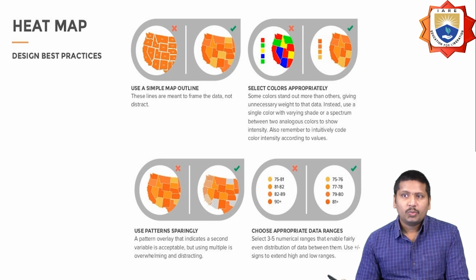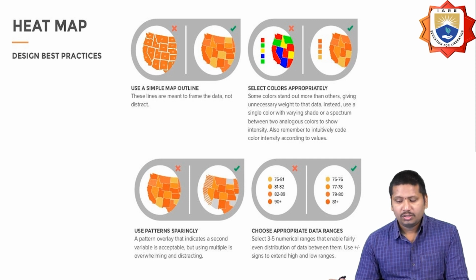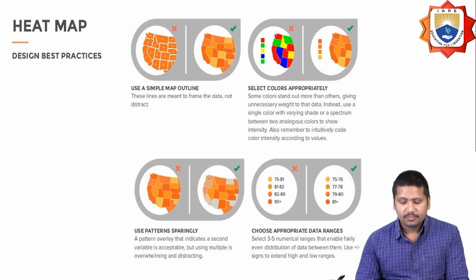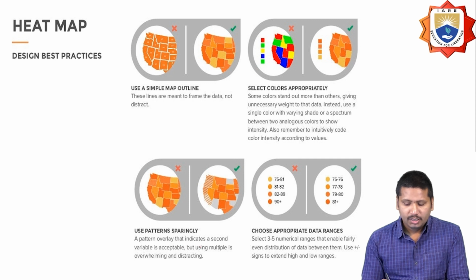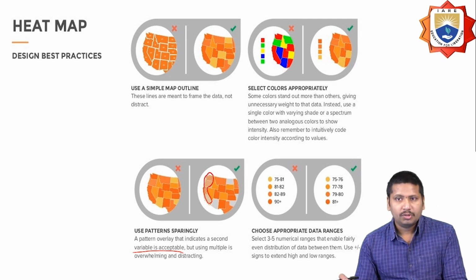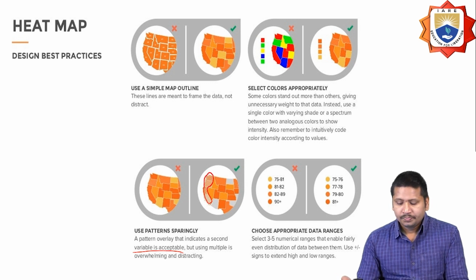Instead, use a single color with varying shades or a spectrum between analogous colors to show the intensity. And use patterns sparingly. A pattern overlay that indicates a second variable is accepted, but using multiple is something different. If I want to show a particular part as different, you can also use other kinds of patterns.